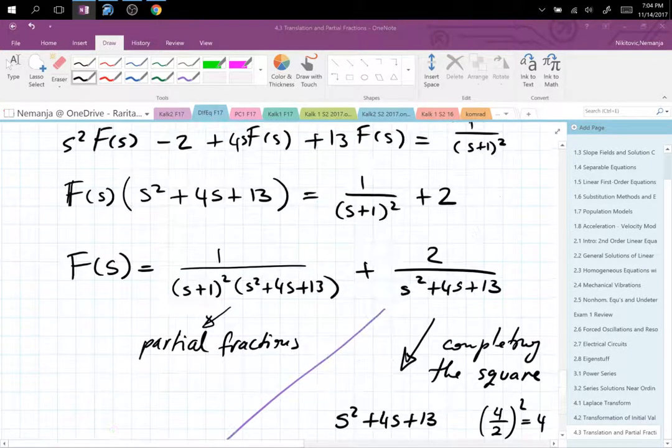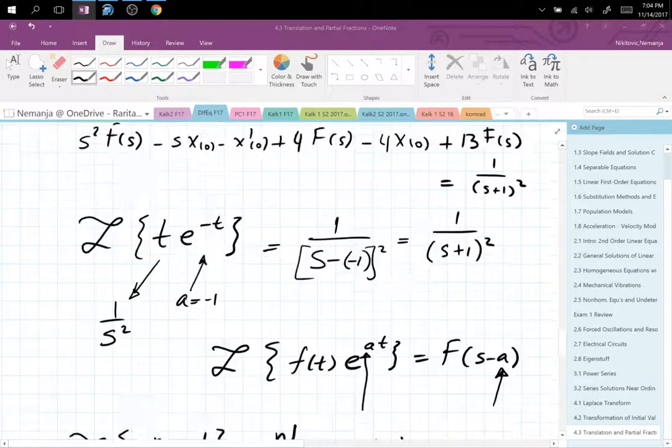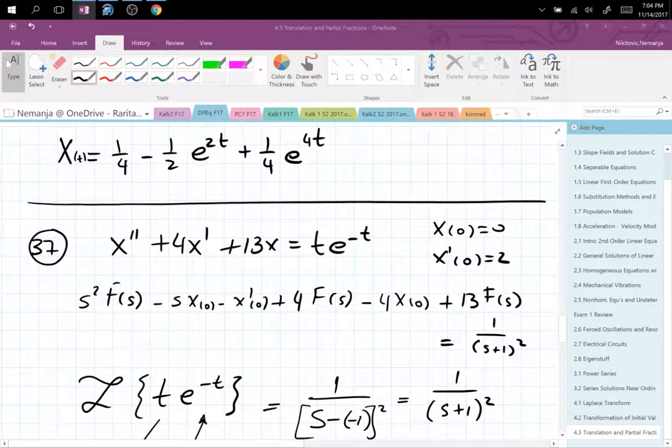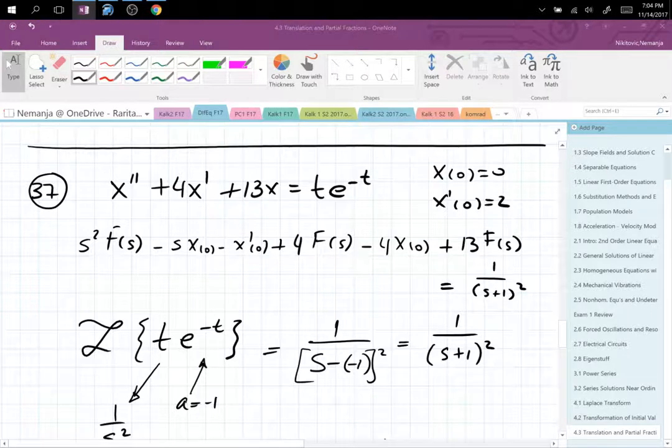Now, if you go back and you look at this question again, you just realize that you can do the constant coefficients on the left, right? You can do your constant coefficients on the left, and then you have the t e to the -t. You can deal with that with undetermined coefficients, right?